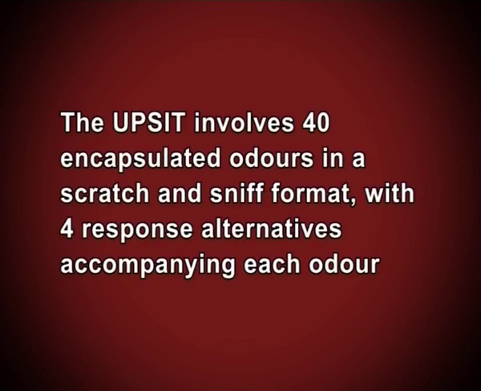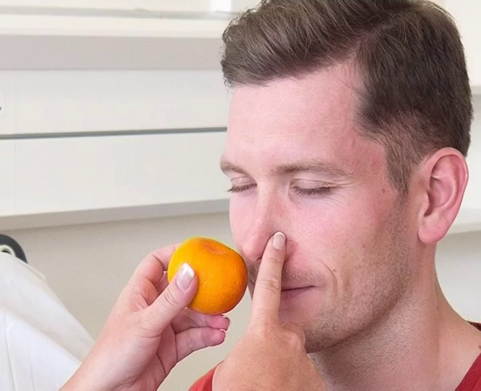The UPSIT involves 40 encapsulated odors in a scratch and sniff format with 4 response alternatives accompanying each odor. The person takes the test alone with instructions to identify, or if not, at least to guess the odor. The scores are compared against age and sex related norms and the results are analyzed.